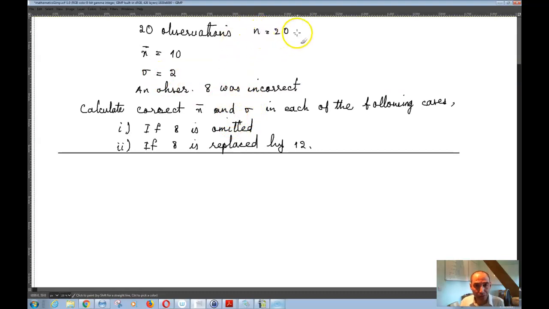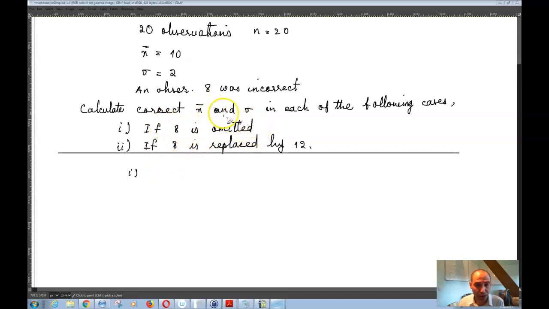So since my n was 20 and my X bar was 10, in case 1, you need to understand what you do, otherwise it makes no sense to follow steps.